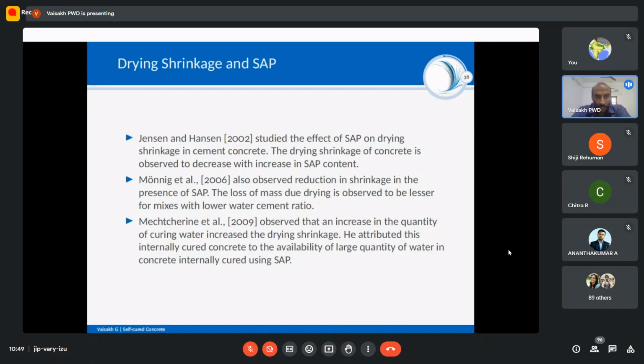McCathrin and others in 2009 observed that the decrease in quantity of curing water increased the drying shrinkage. He attributed this to the availability of a large quantity of water in a concrete internally cured using SAP.